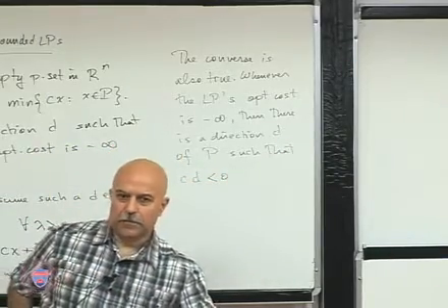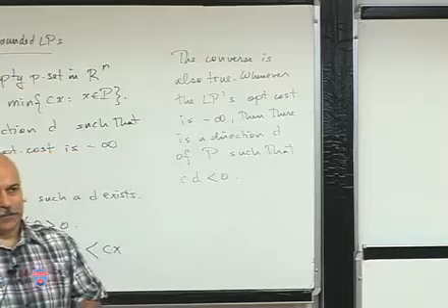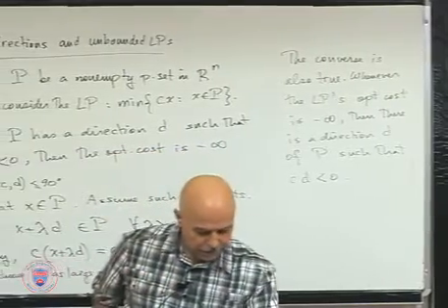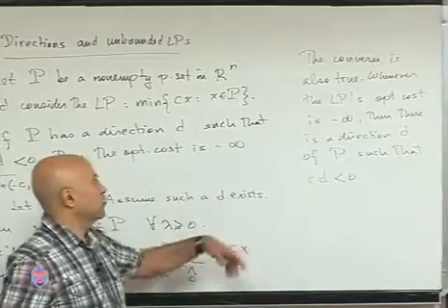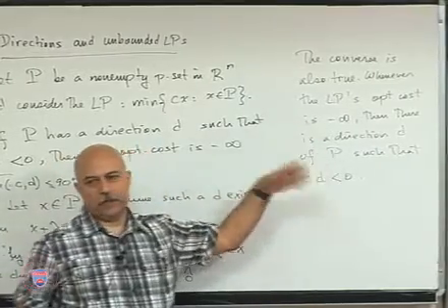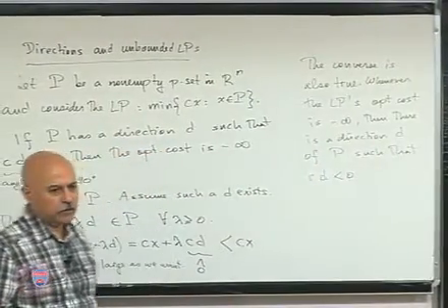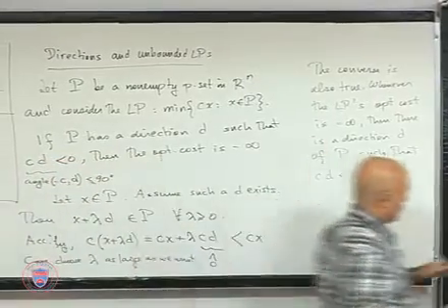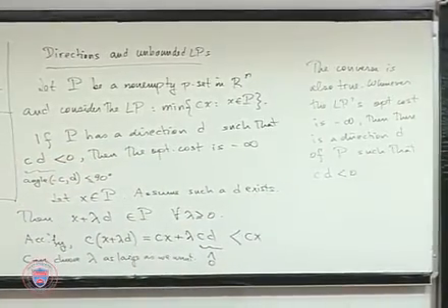For maximization, C times D must be positive rather than negative. I'm not going to argue for the second part. You can just do it on your own. It's straightforward. Okay, let's just continue with a little bit more.